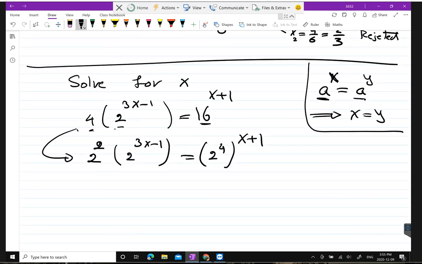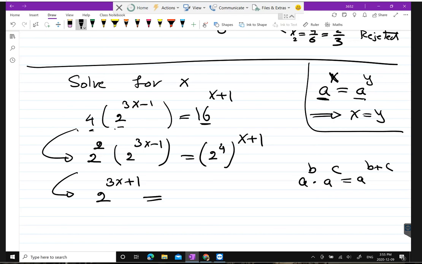Just make all bases the same, and then use some power rules in algebra. 2 to the power of 2, times 2 to the power of 3x minus 1: a to the power of b times a to the power of c is a to the power of b plus c. Therefore, this is going to be 2 to the power of 2 plus 3x minus 1, so you will get 3x plus 1.